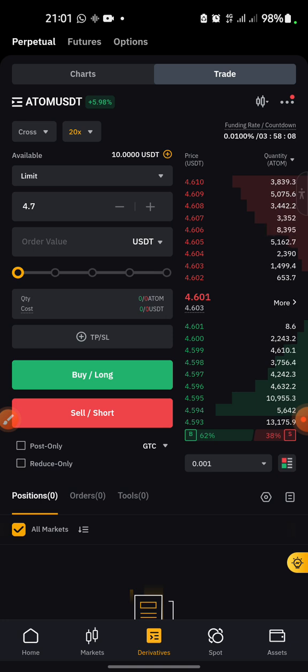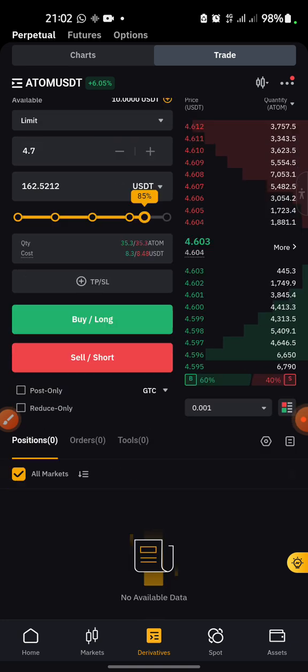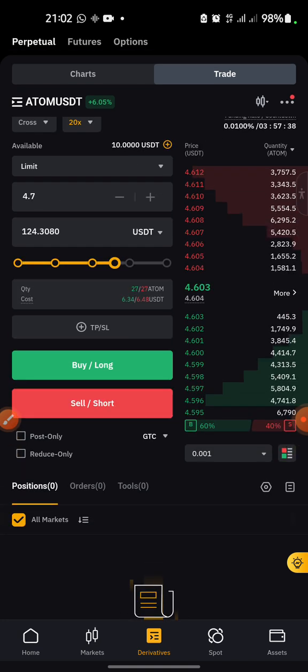As you can see, this drag down is a percentage. So this 25%, 50%, 70%, 100%. I would suggest, for the purpose of this class, we work with 10% of our capital. If I put 10%, you can see it's on 10%.